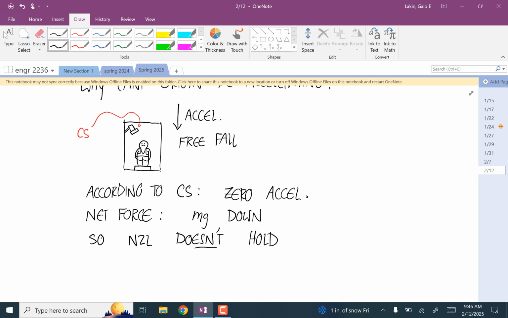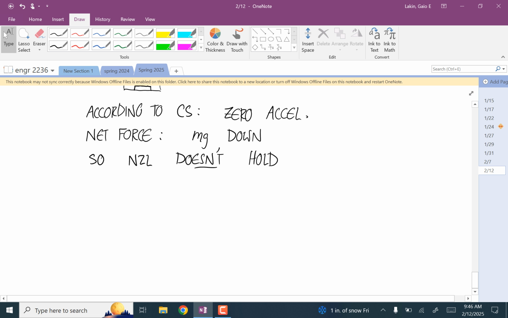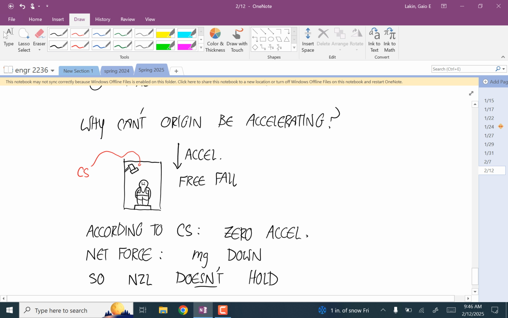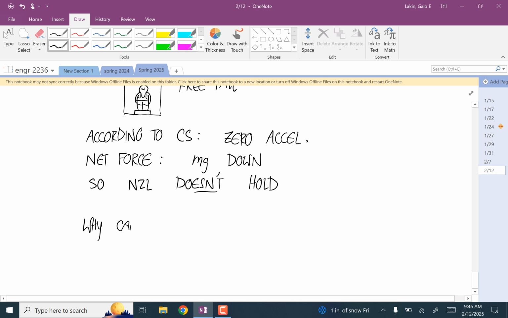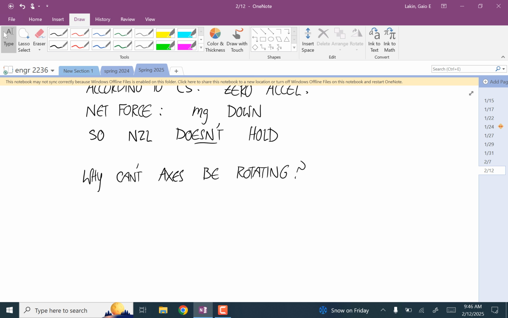Now let's think about why the coordinate axes can't be rotating. So let's imagine this setup like they always have in comedy movies about astronauts.